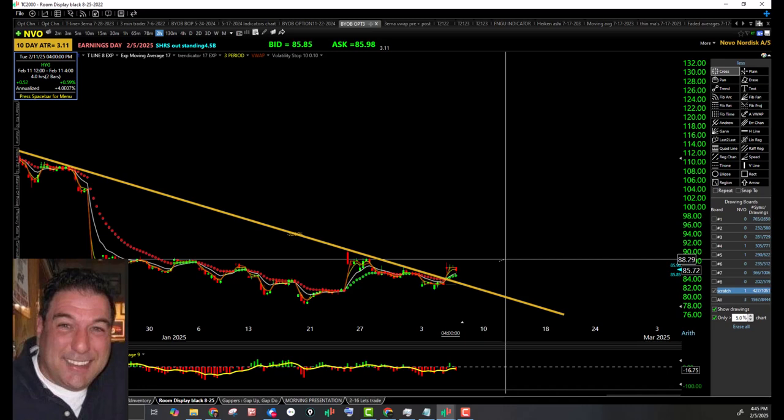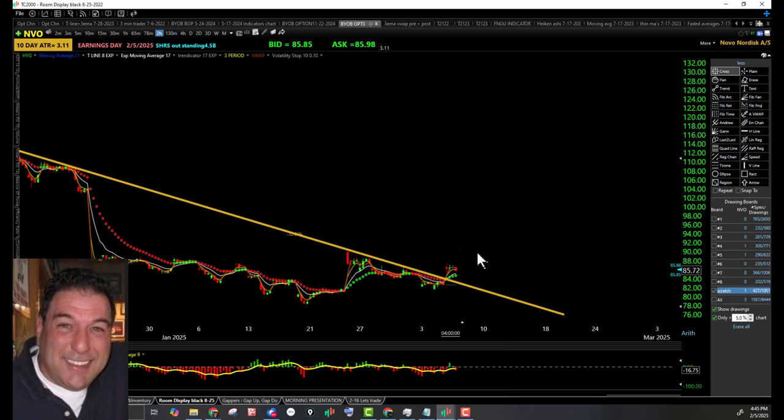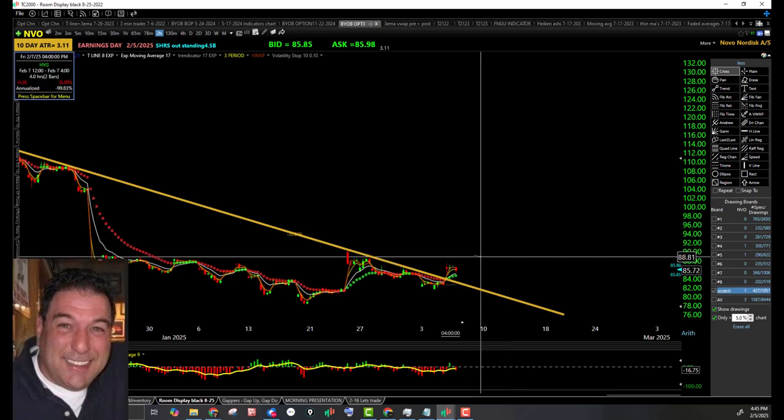See, you got resistance right here at 88.37, and you're currently at 85.85. For me, there's not a whole lot of upside until you break over this resistance and hold for 3 days.